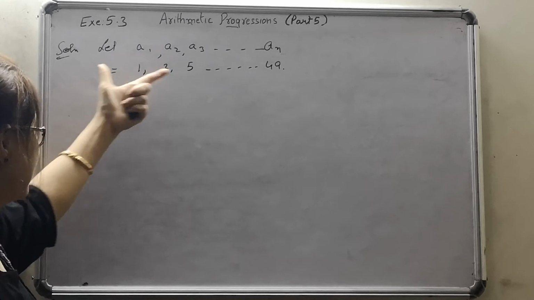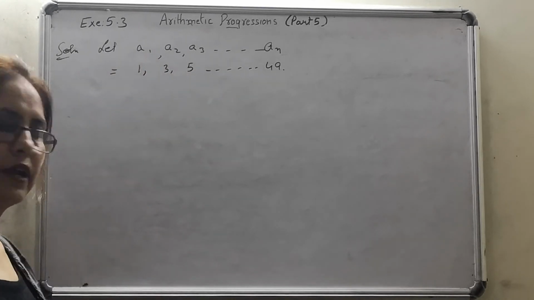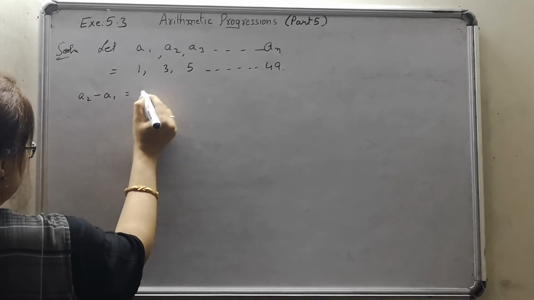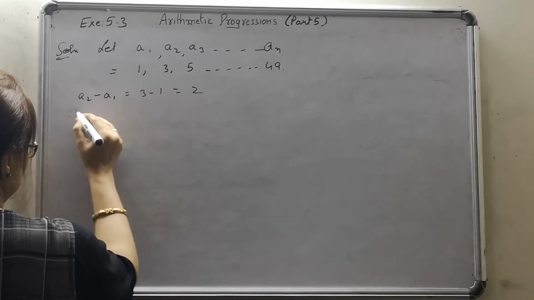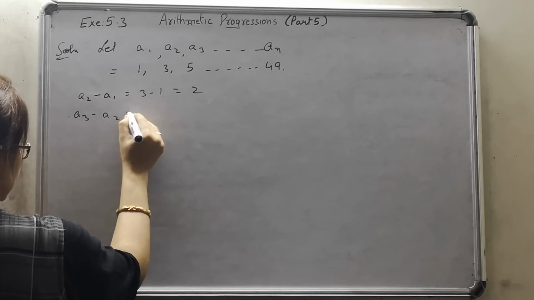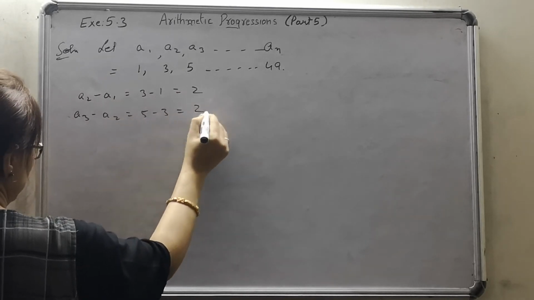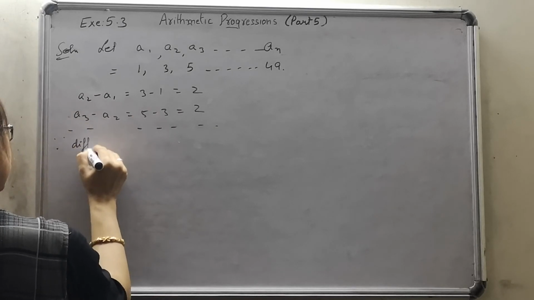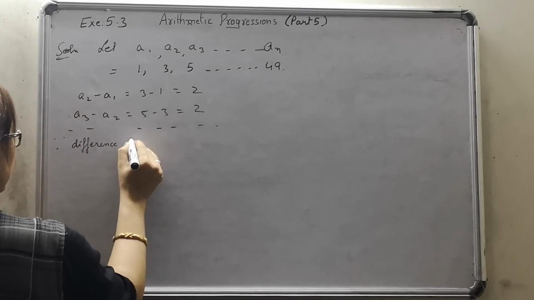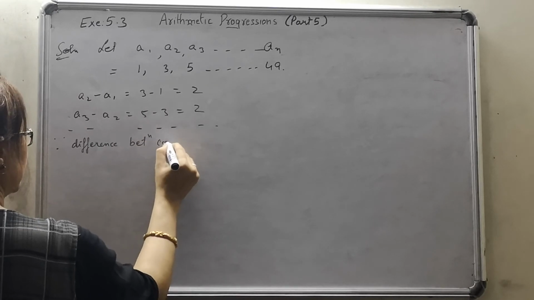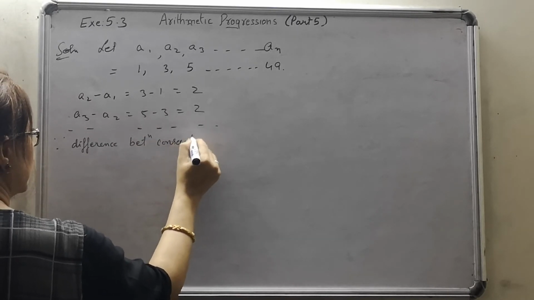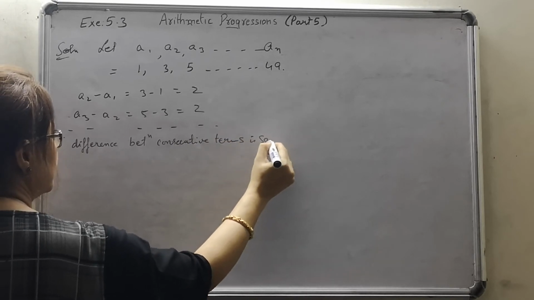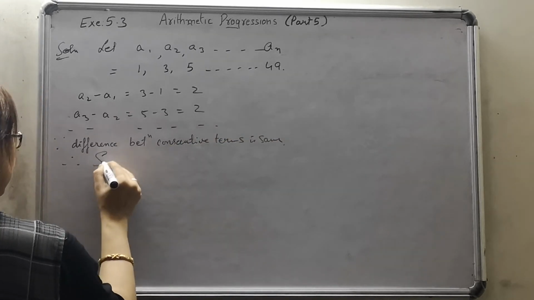Now we were not told that this sequence is an AP. सबसे पहले हम ये प्रूव करेंगे कि ये AP है. A2 minus A1 is 3 minus 1, that is 2. A3 minus A2 is 5 minus 3, that is again 2, and so on. Since difference between the consecutive terms is same, therefore sequence is an AP.